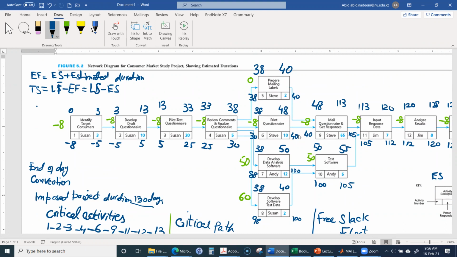For example, if we say this is activity 7 over here, and we also consider this activity 10 over here, and then this activity 8 over here.